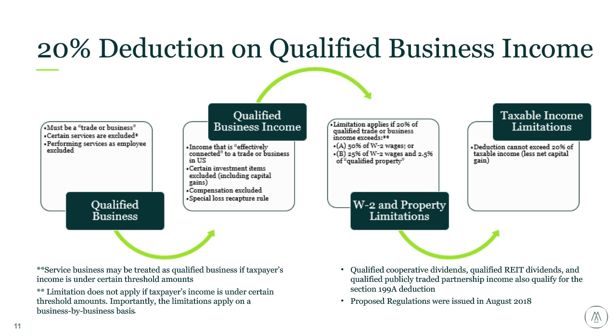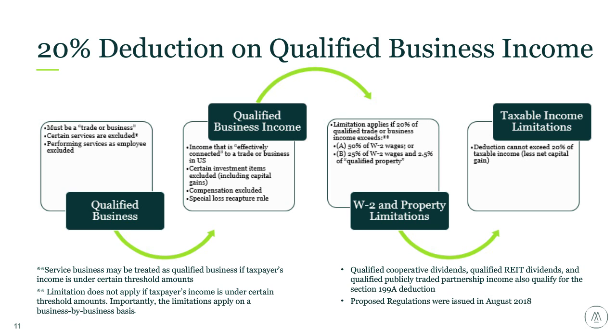Now there are lots of pieces to this, but a simple example would be if you had a qualified business that made $100, they would be taxed on $80 because they would be allowed a 20% deduction, and that $80 would be taxed at 37%, which equates to 29.6% effectively.